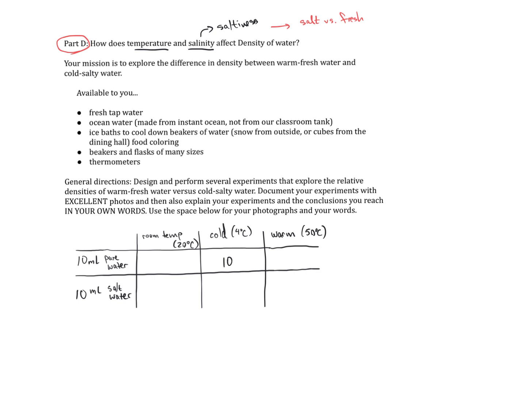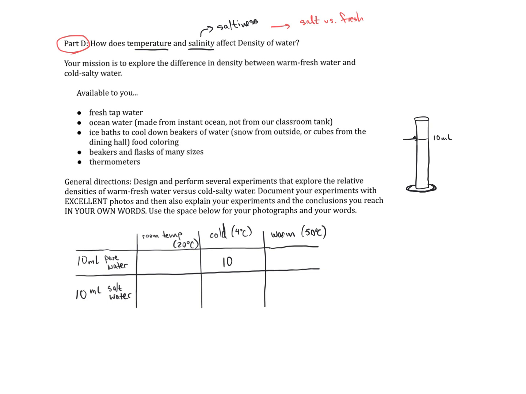So in the lab, we asked people to do a bunch of different experiments. Basically, we asked you to take a graduated cylinder. Here's a graduated cylinder. Put a known amount of liquid in, let's say 10 milliliters. Know the mass of that empty graduated cylinder.